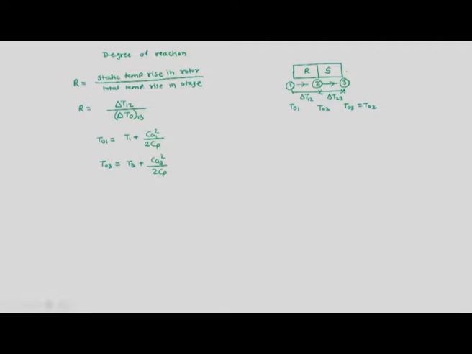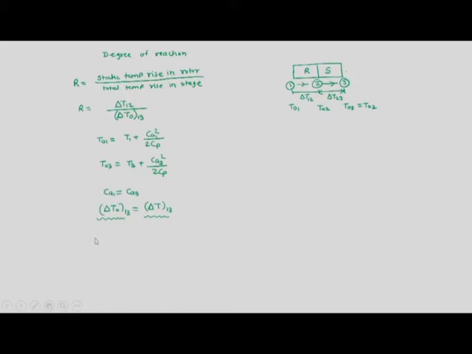Ca3 is the entry to the next stage, but we know that Ca1 is equal to Ca3. So in that case, delta T naught 1 3 is equal to delta T 1 3. So total temperature rise in the stage is equal to static temperature rise in the stage.